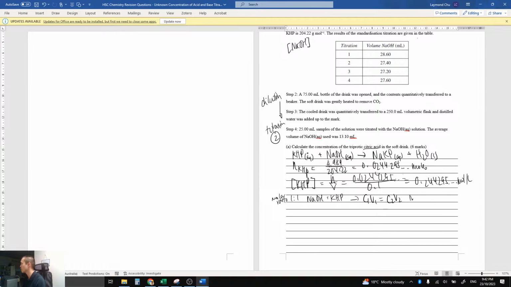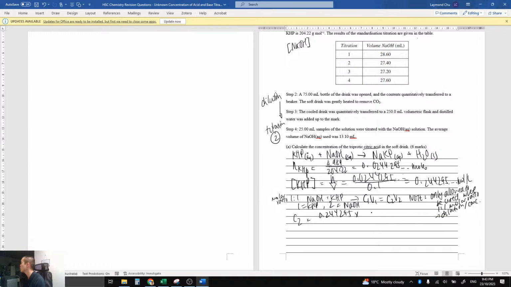Now I want to note, this is only allowed to be used where it is a 1-to-1 molar ratio, which in other words also applies for dilution as well. When you're diluting or concentrating, you can use this. So let's say our 1 is our KHP and our 2 is our NaOH. So we need to find C2.